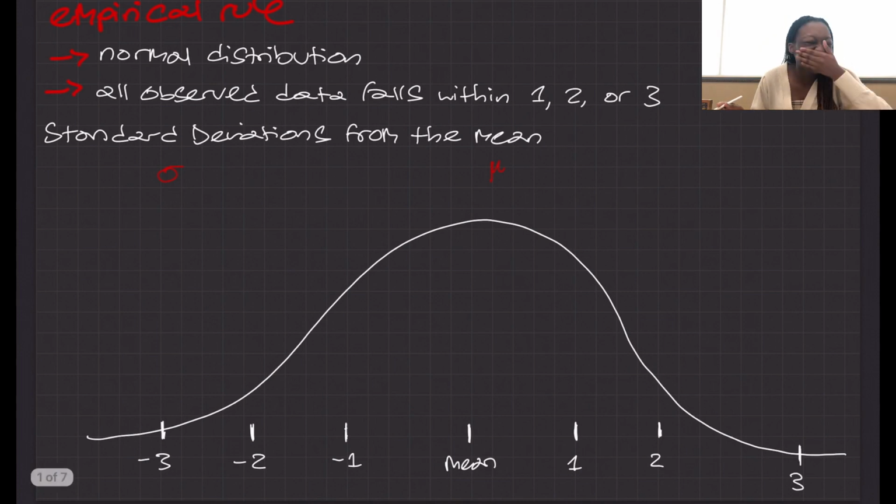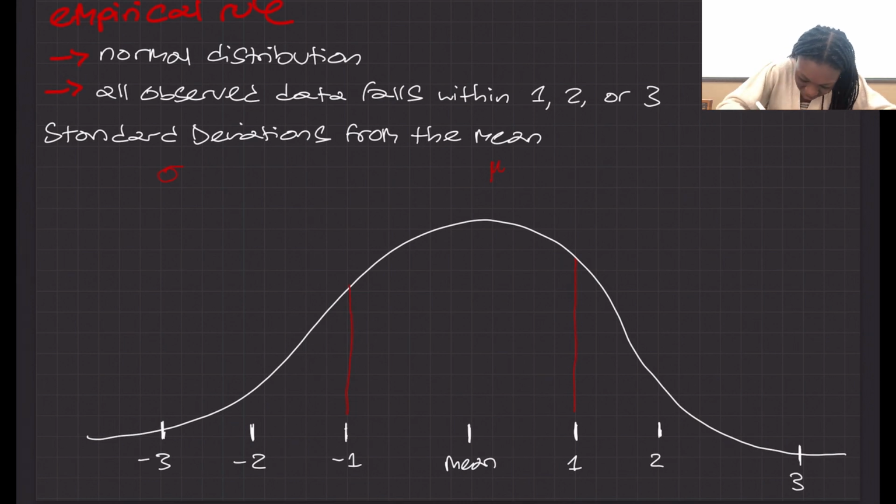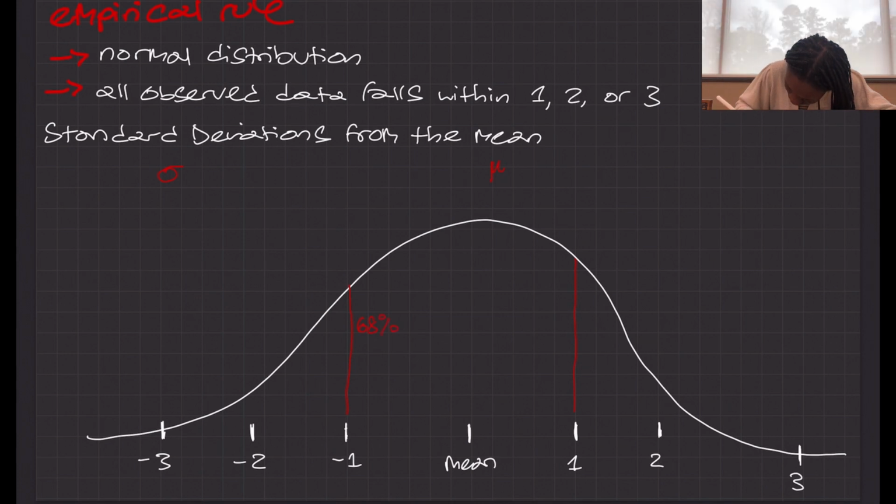Oh, hold on. We have to talk about the percentages as well. So the mean is like a standard 0%. The mean is where you start. On either side of the deviation lines, so we're going to start with the 1 lines, there is a 68% chance.